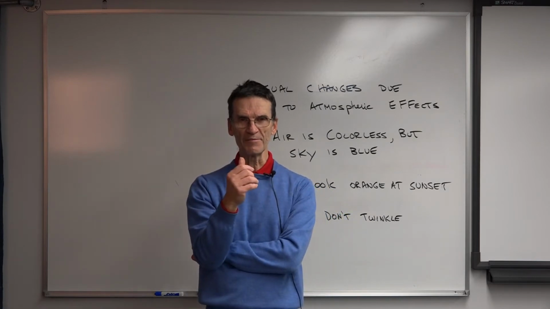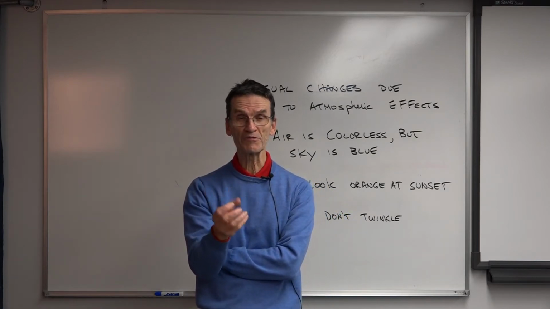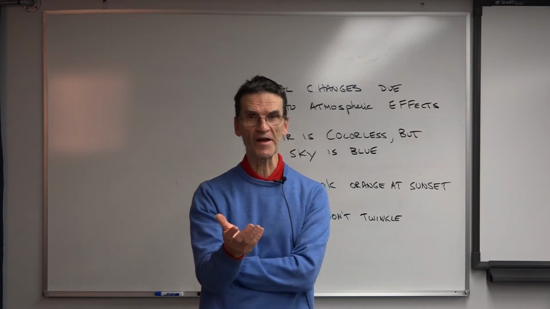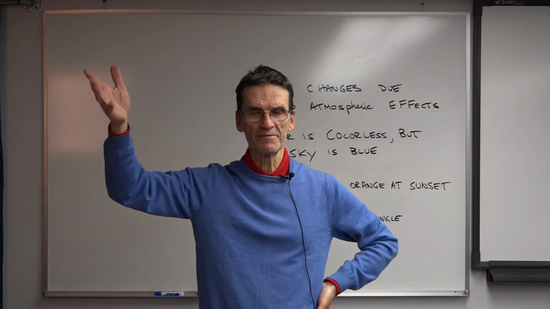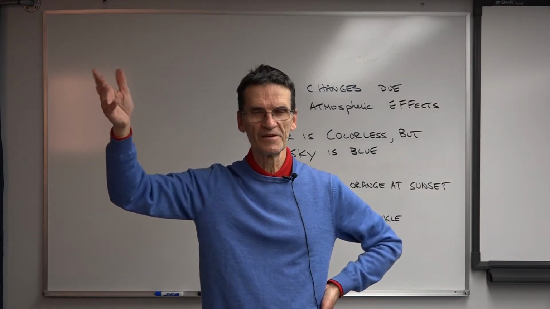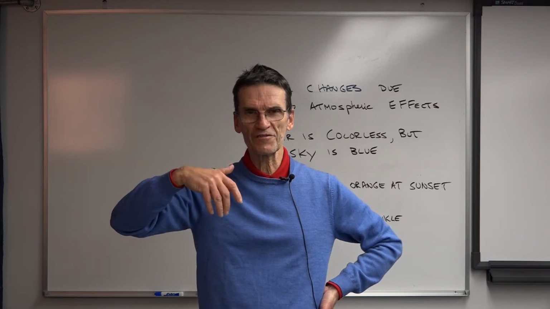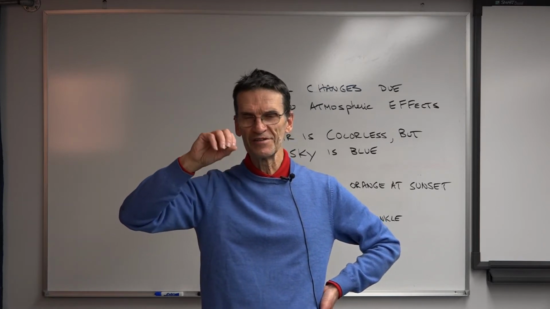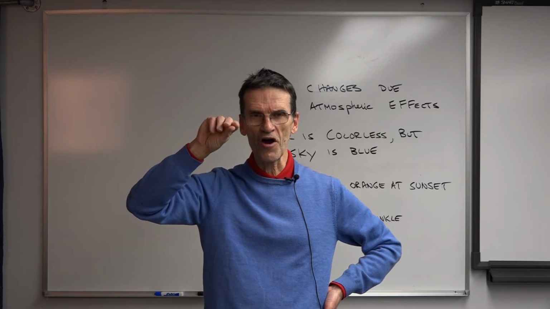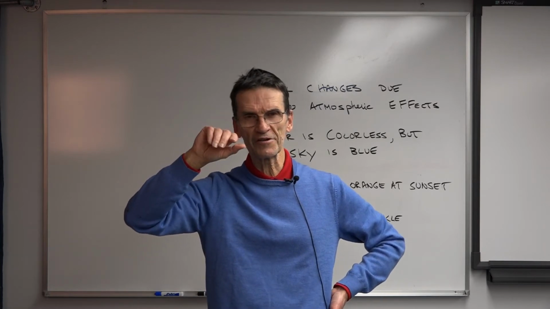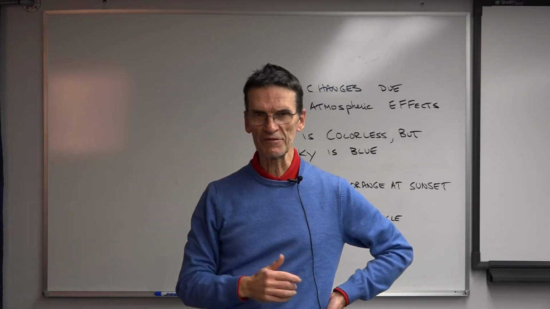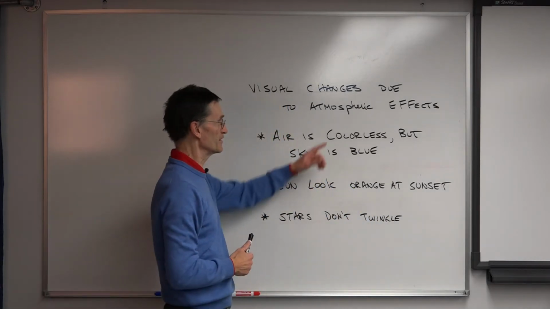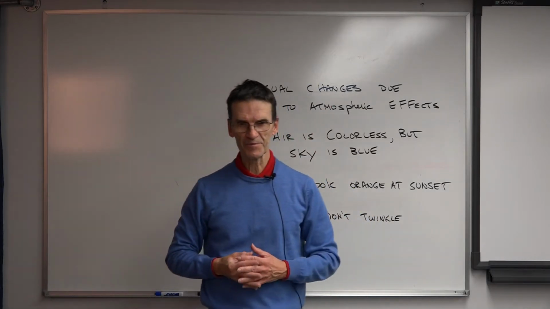If there was no atmosphere, stars would be on steady like a light bulb. They'd just be there. They'd be on. But because we're looking through the atmosphere, there's an illusion of stars getting brighter, dimmer, brighter, dimmer. But that's not what they're really doing. That, again, is an atmospheric effect.